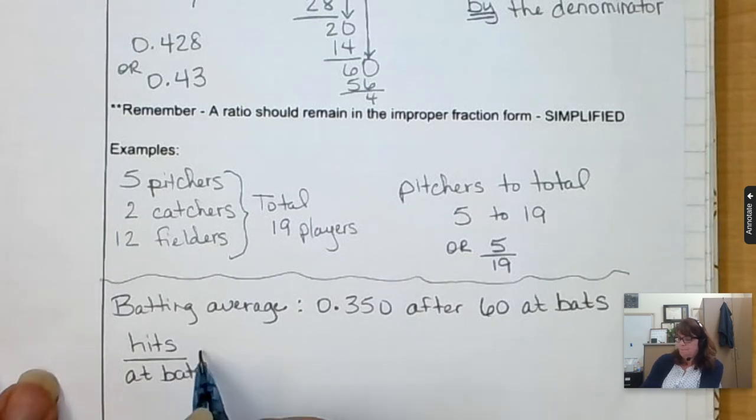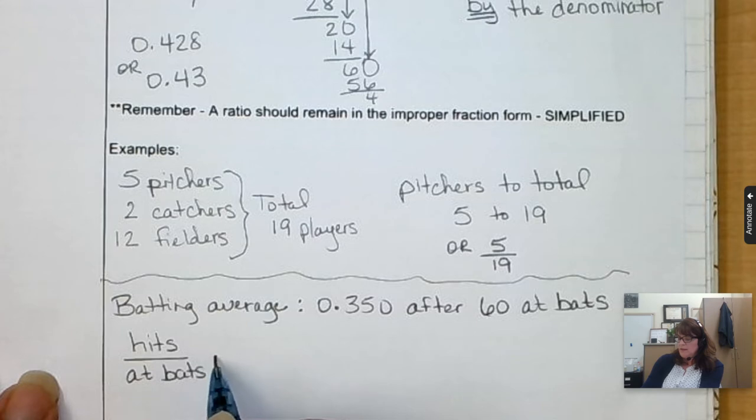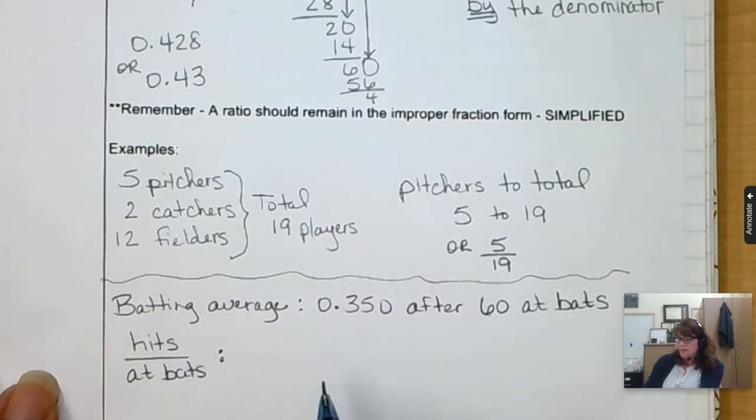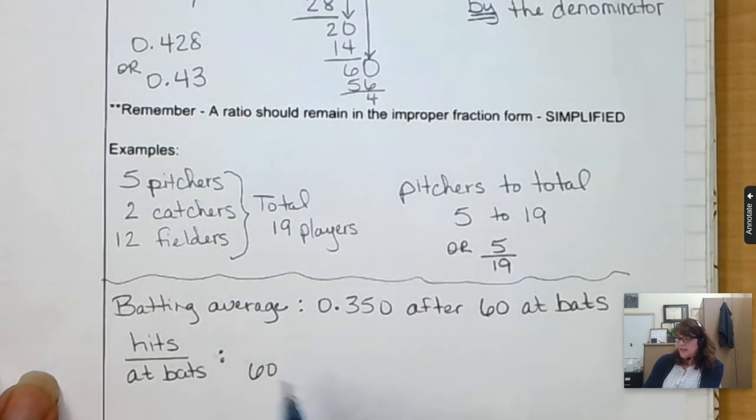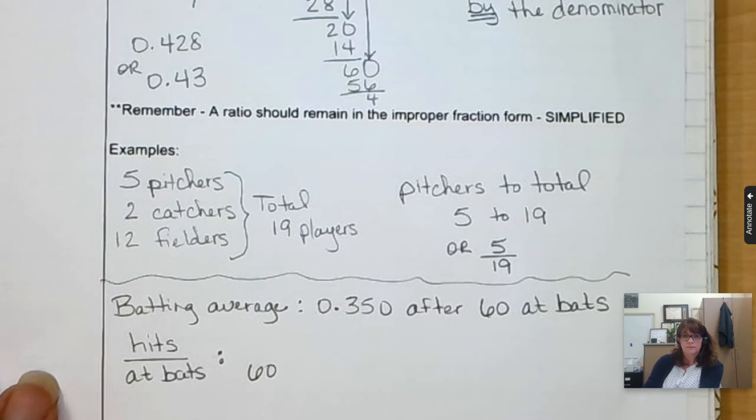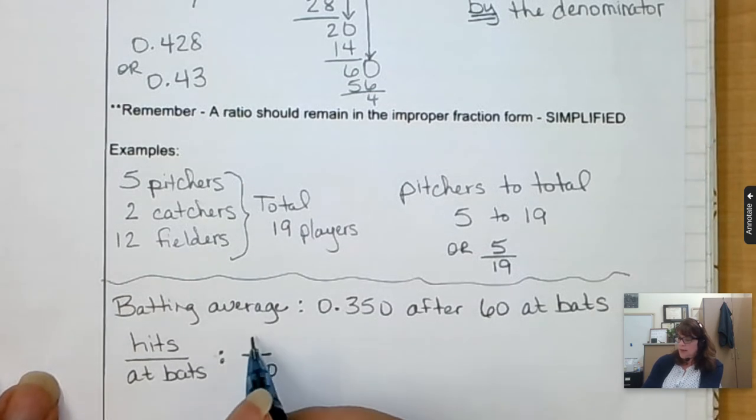Now we know that this person had 60 at bats, but we don't know how many hits they had.